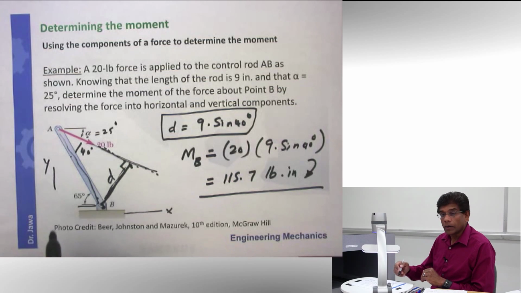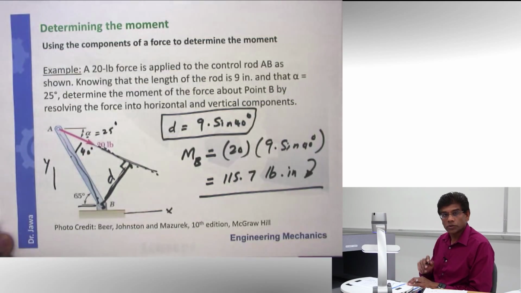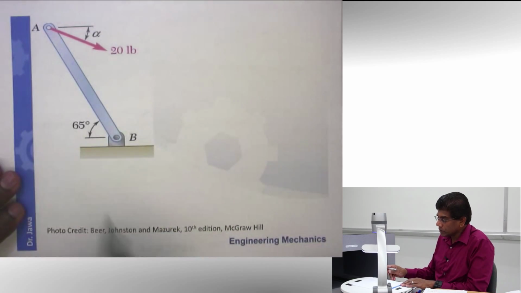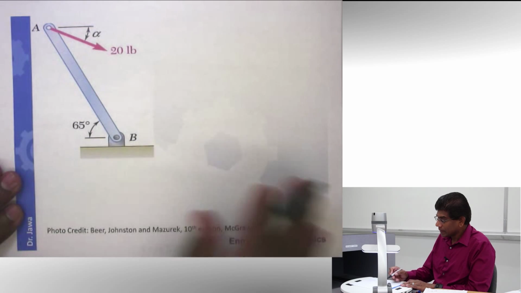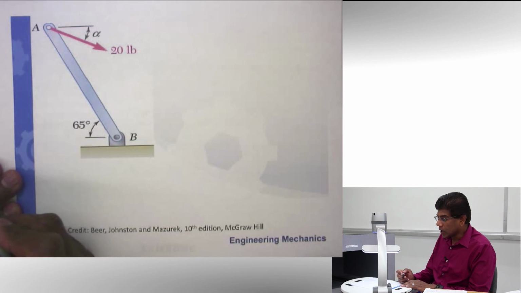All right? Now, if you got this one, I'm going to solve the same problem by resolving this force into two components. So, let me take the next handout. Same problem. The only difference is I'm going to resolve this force into two components. How do I resolve into two components?